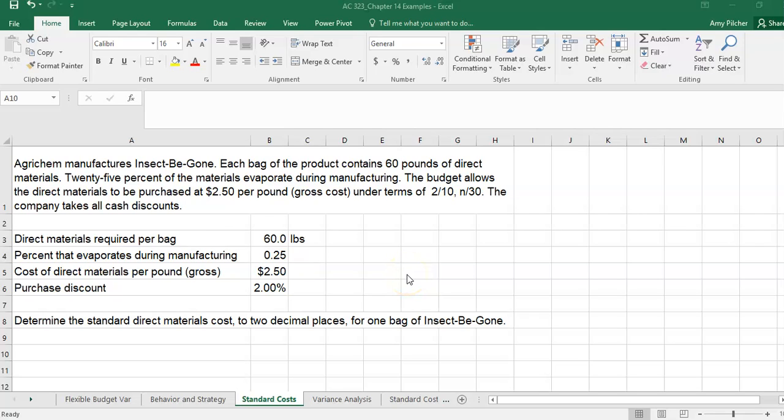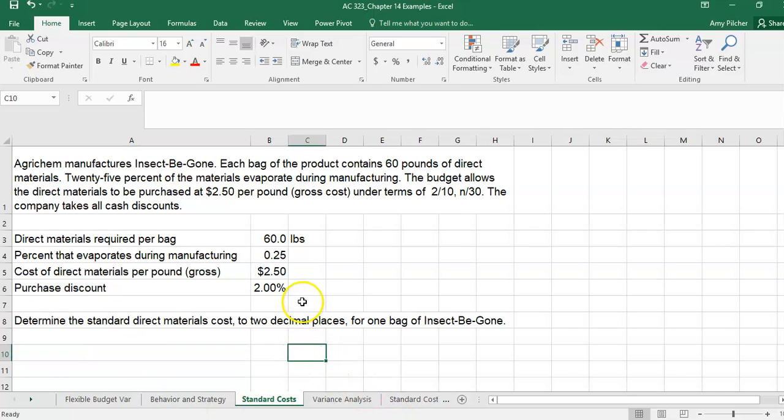In this example, we're determining our standard direct materials cost based on information that we have about our production. So based on our information about the direct materials required for a product, the percent that evaporates during manufacturing, we have a liquid product that evaporates during manufacturing, and then that we have a discount on purchases for our product.